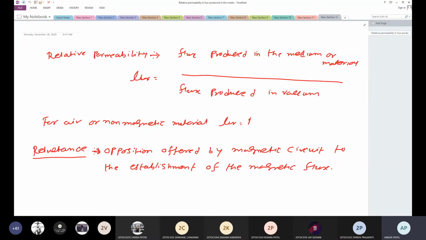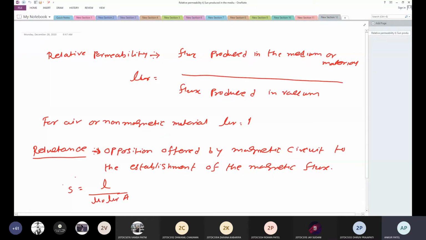It is directly proportional to the length of the magnetic circuit and inversely proportional to the area of cross section of the magnetic path, as well as mu 0 mu r.